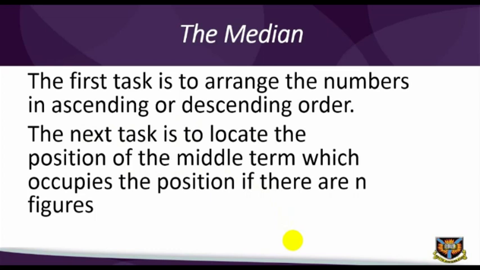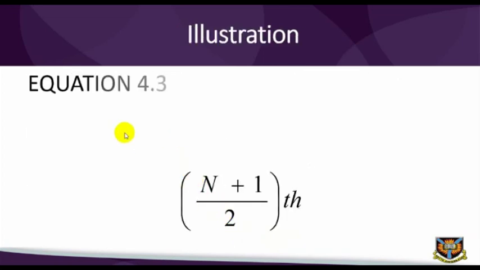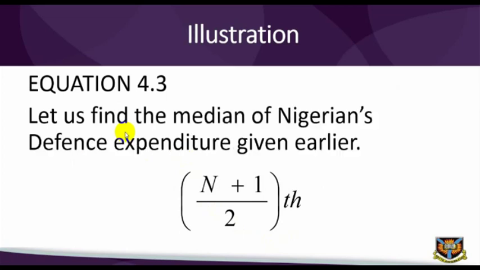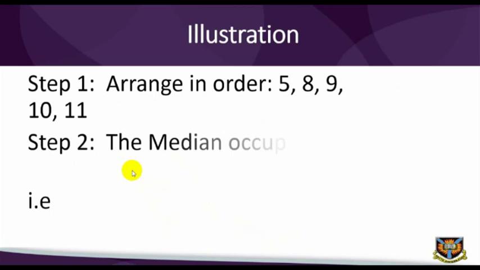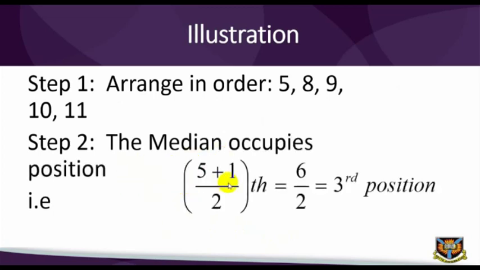As an illustration, let us find the median of Nigeria's defense expenditure given earlier. Step 1. Arrange in order: 5, 8, 9, 10, 11. Step 2. The median occupies the n plus 1 over 2 position. That is, 5 plus 1 over 2 is equal to 6 over 2, is equal to third position.